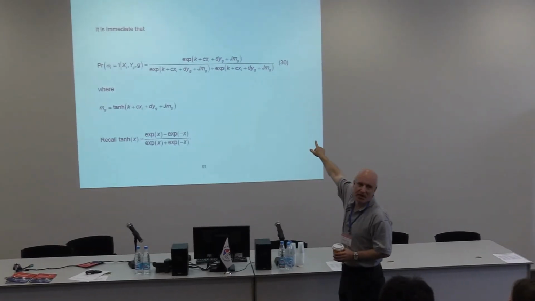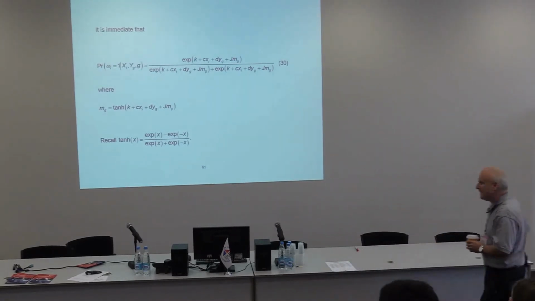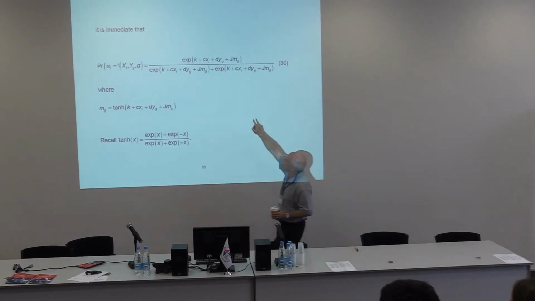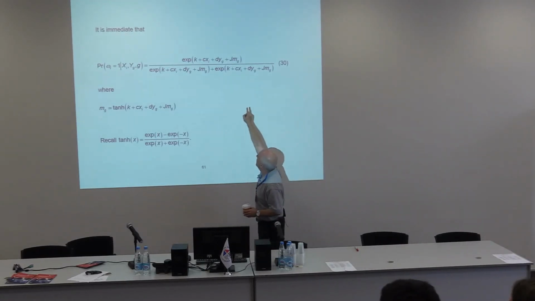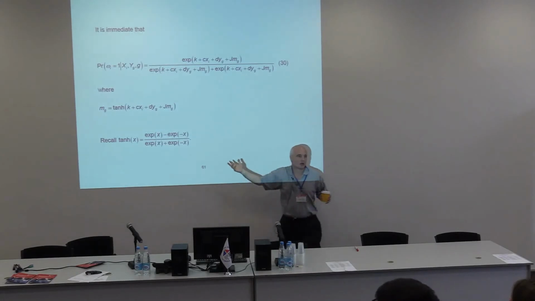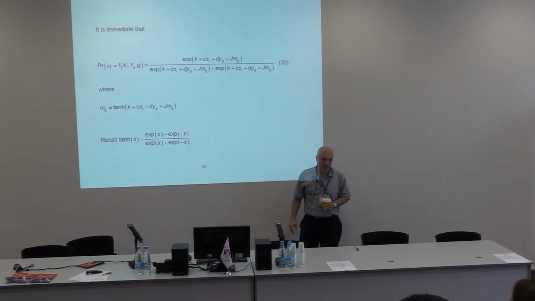The second term, multiply everything by -1. I'm sorry about that, there's a big typo. So in other words, it should be e to the minus k minus cx minus dy minus j. Okay, those are the Logit probabilities of choosing 1 versus -1.